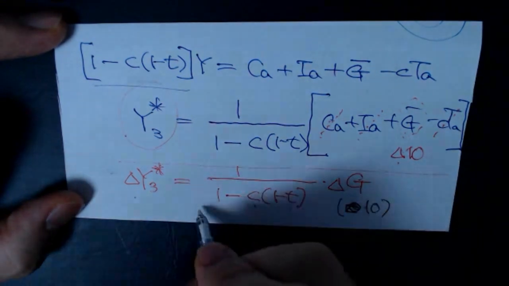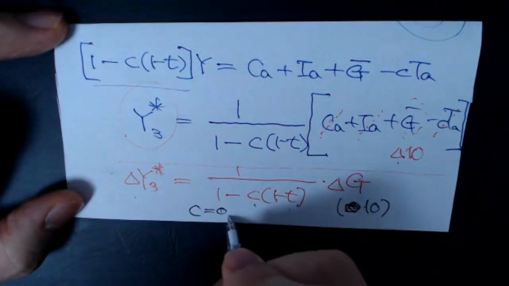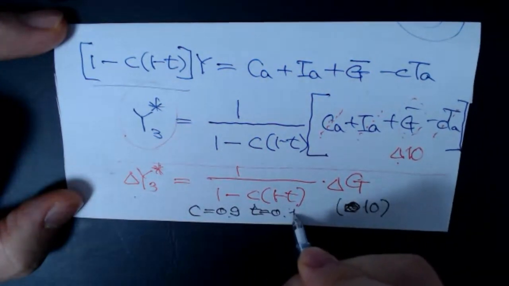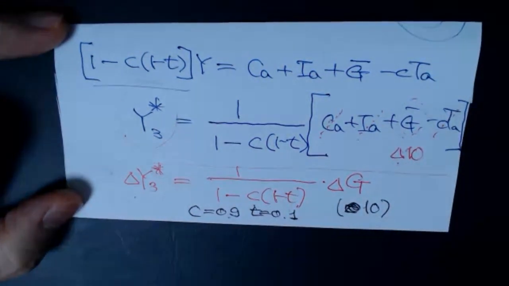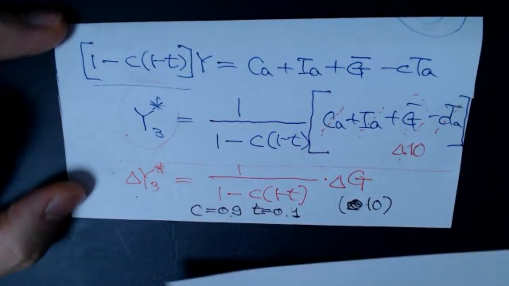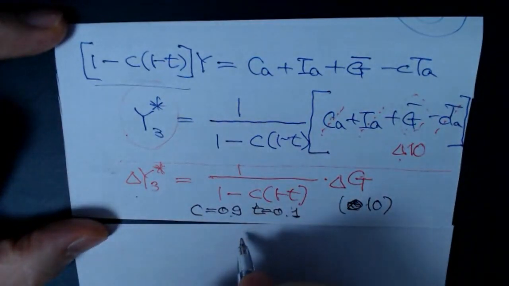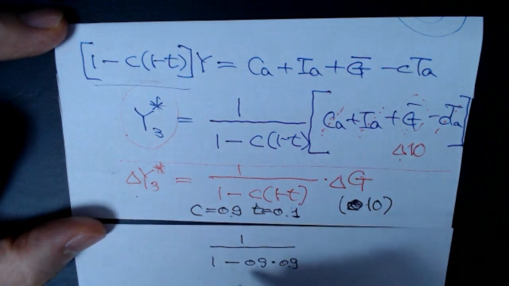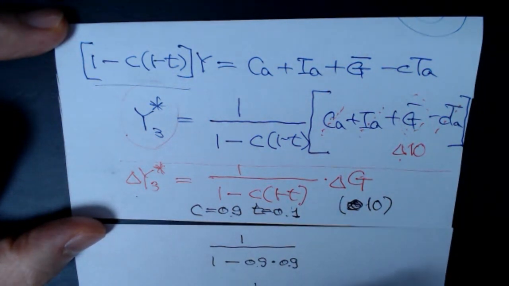Like in our example, we said that C is 0.9, T is 0.1. So we can calculate that, right? It's 1 over 1 minus 0.9 multiplied by 0.9, which is 1 minus 0.81, which is 0.19.